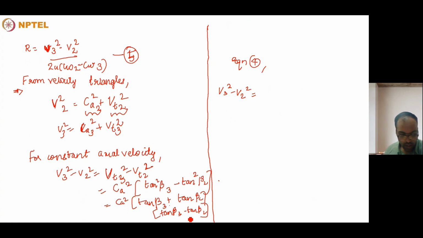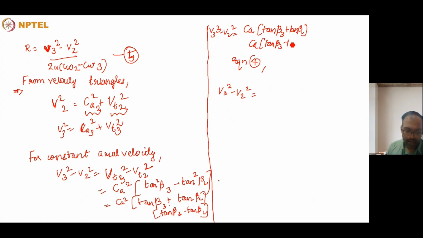So CA into tan beta 3 plus tan beta 2 into CA into tan beta 3 minus tan beta 2.